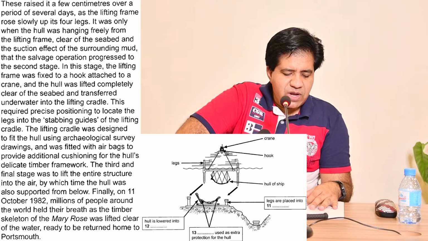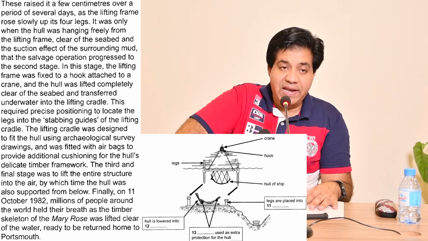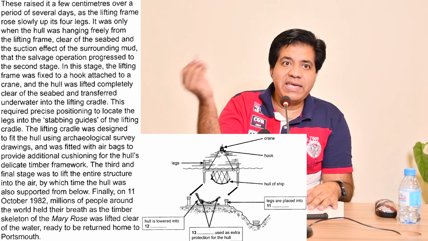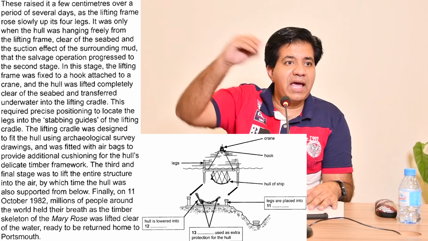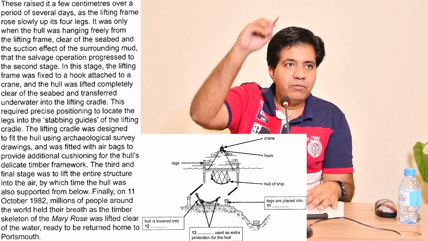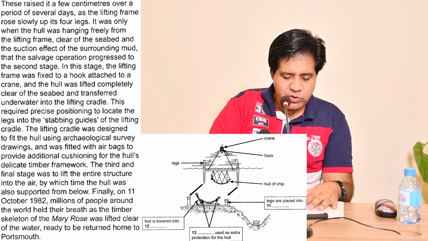Good. This required a precise positioning to locate the legs. Now locate means, word बताए ना क्या है? Locate की जगह पे क्या word आया है? Place. Locate and place, they are synonyms. This is what you will write on your notebook. Words in question and words in passage. So for locate they use the word place.